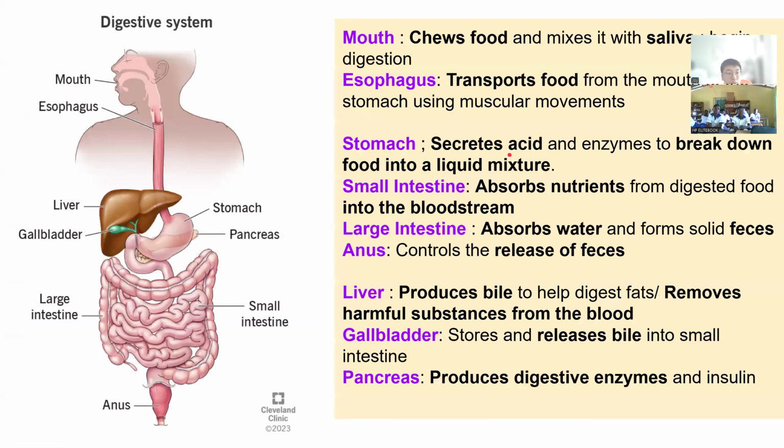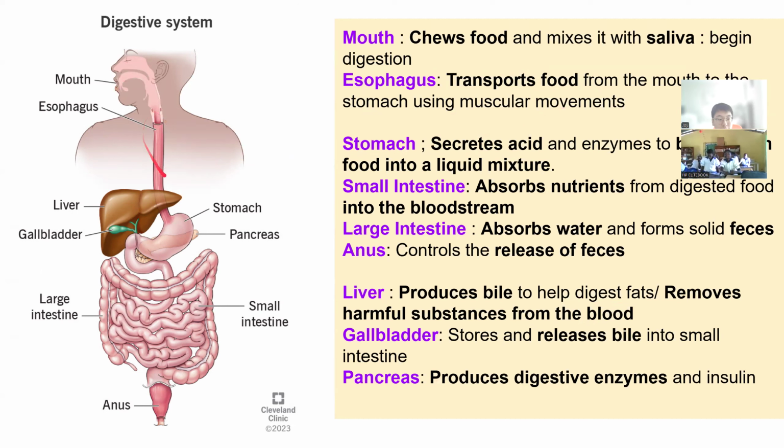And here is the general process. The mouth chews the food, mixes it with saliva, and it goes down the esophagus. And it goes all the way down into the stomach, which looks like this.